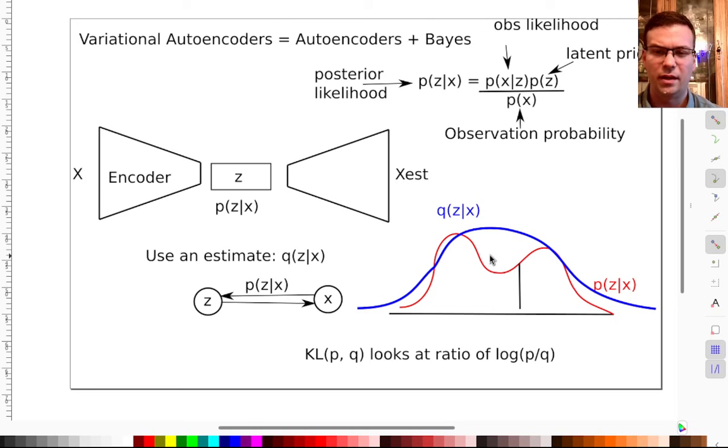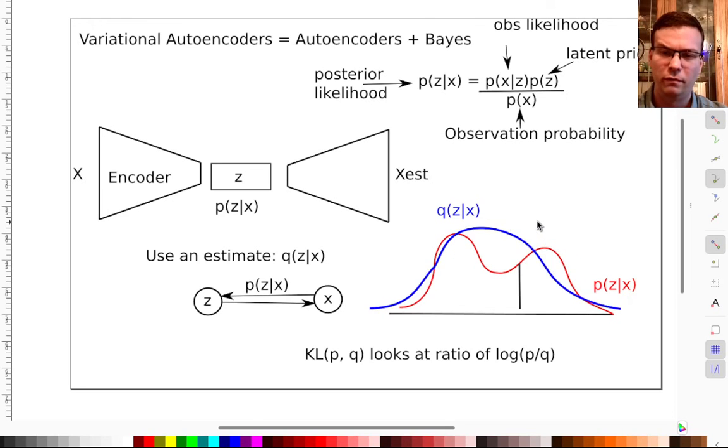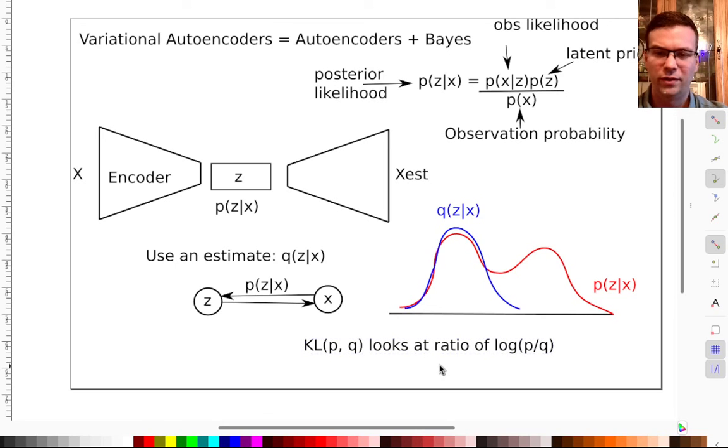In practice, I would actually prefer for this blue curve to be, even if I'm not capturing both modes, under the red curve. So it turns out I actually want to switch the ratio around. If I do KL of Q, P instead, then I'll be looking at the log of the ratio Q over P. And in this case, this is more the answer I'm going to get.